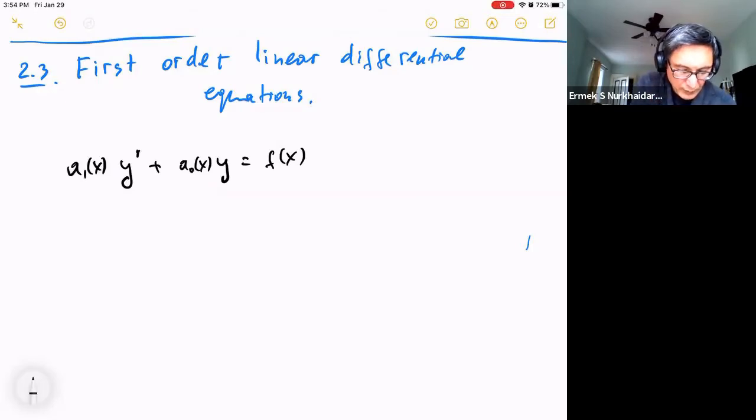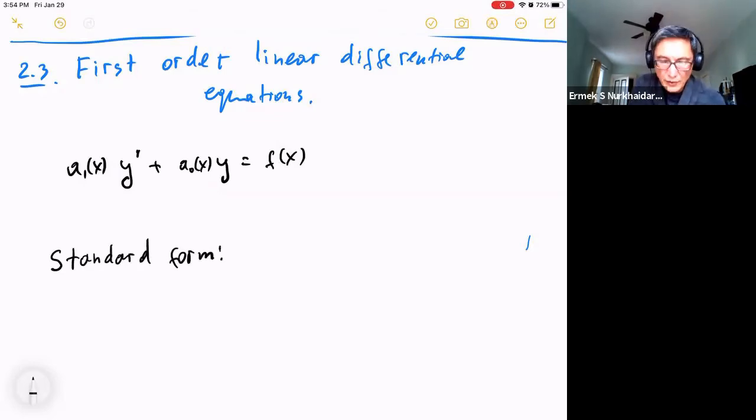We want it to be in the standard form. Standard form is going to have the coefficient of y prime to be 1.